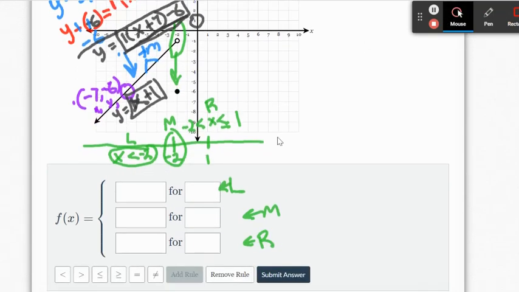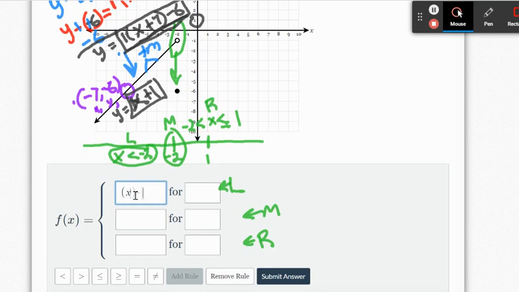So let's put that in there. Just because I did it the long way, I'm going to write it the long way, x plus 7, and then minus 6 on the outside. And I use that rule for everything left of -2, so left being less than -2.